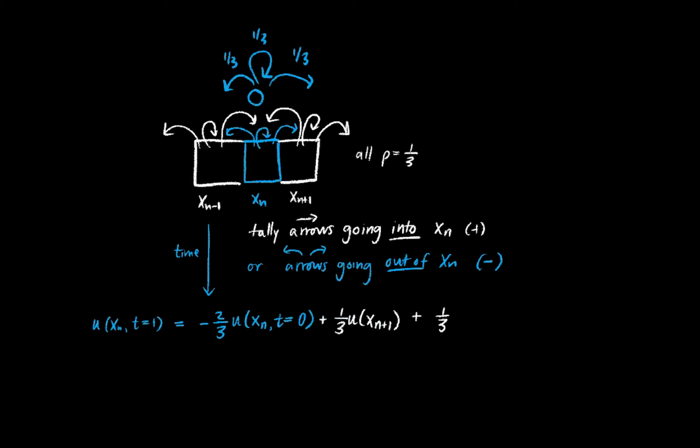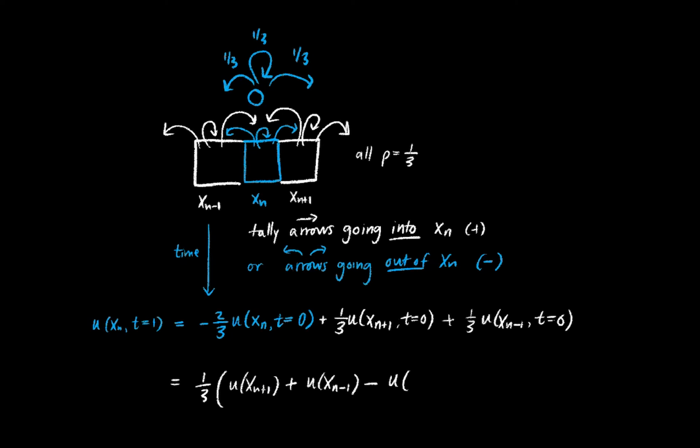So we get minus 2/3 of u of n, that's our current bin, and then plus 1/3 of u of n plus 1, and also plus 1/3 of u of n minus 1. And this equation, again, is just a scaled copy of the one we just wrote, and also of the original equation. The scaling implies that the spreading out in this case is not going to be as fast as in the 1/2 case where particles are forced to leave the bin.